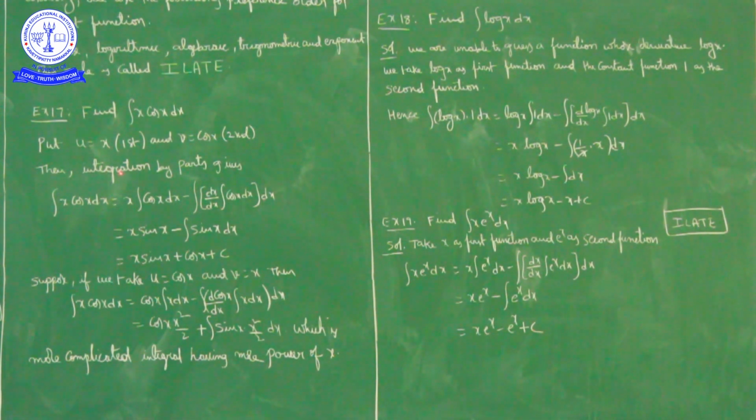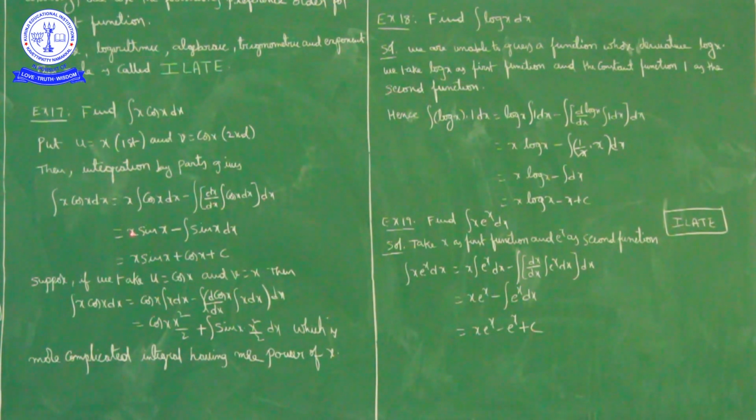Then integration by parts: integral of x cos x dx equals first function into integral of second function minus integral of derivative of first function into integral of second function dx. So x into integral of cos x dx minus integral of derivative of x into integral of cos x dx.